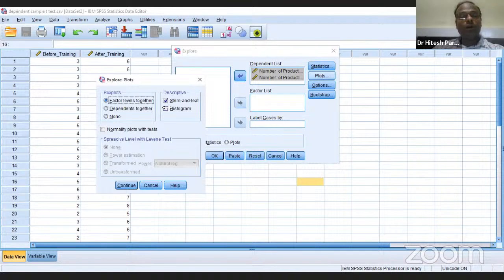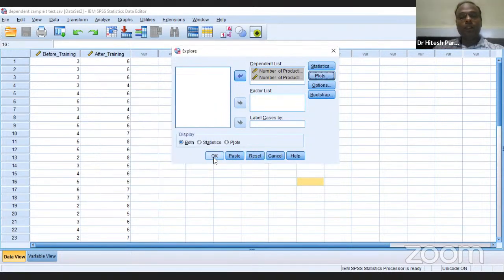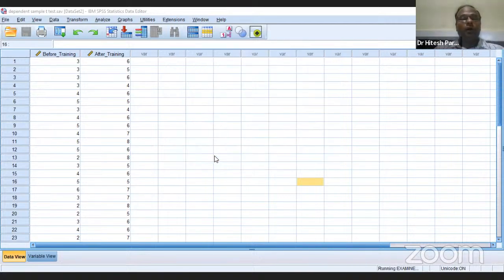Again click on Plots, histogram, normality plots with tests, continue, and OK. It is the same steps that you followed. I have just clicked OK, so you will get your normality result.